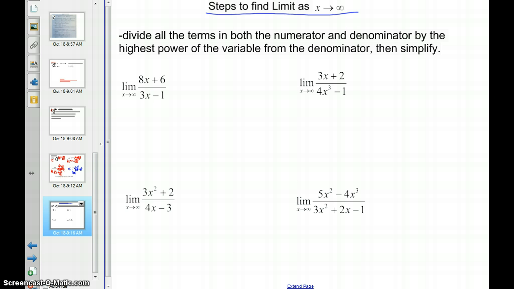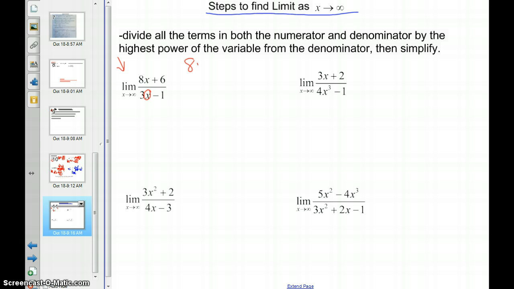When you are trying to figure out the limit of a function as x approaches infinity, what you are going to do is, like it says, divide all the terms in both the numerator and denominator by the highest power of the variable from the denominator. What I mean by that, looking at this first example here on the upper left, the highest power of the variable from the denominator is x.